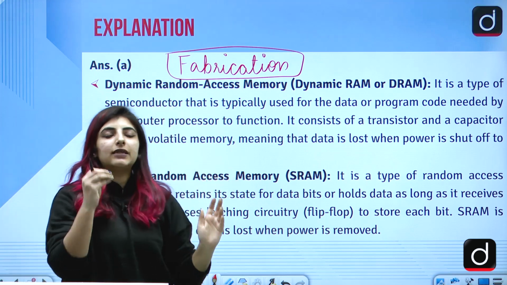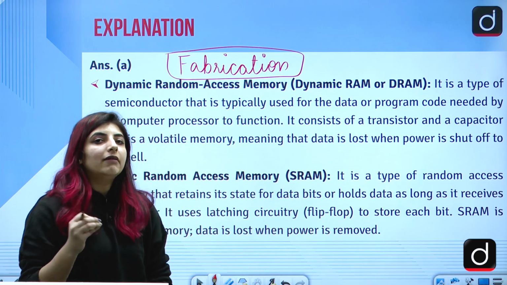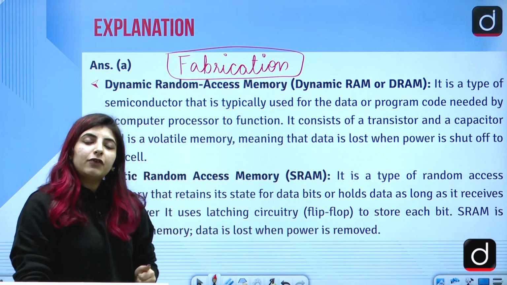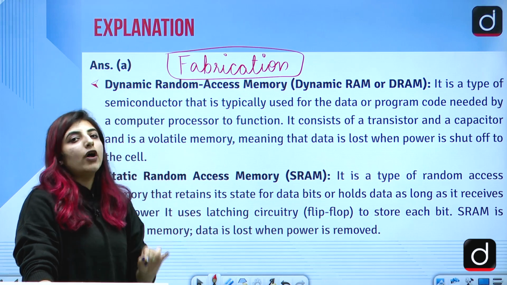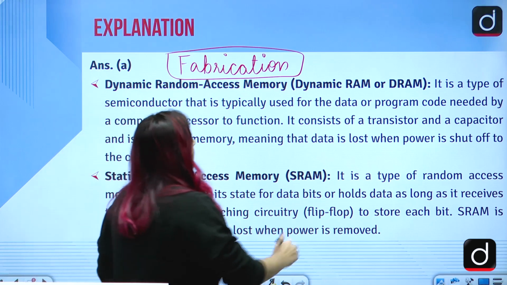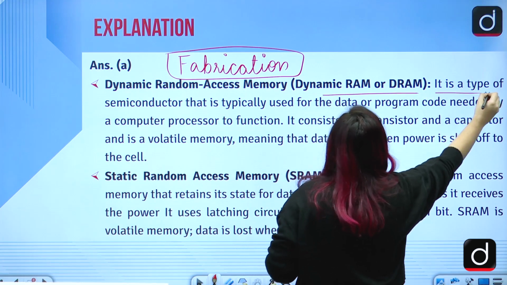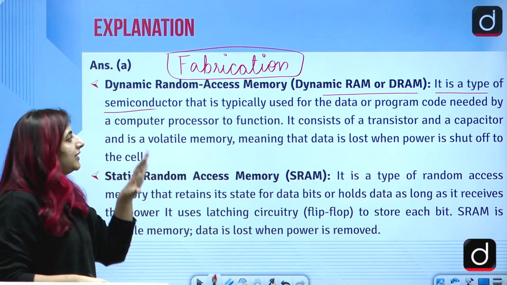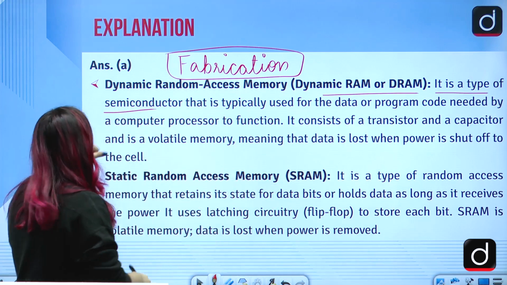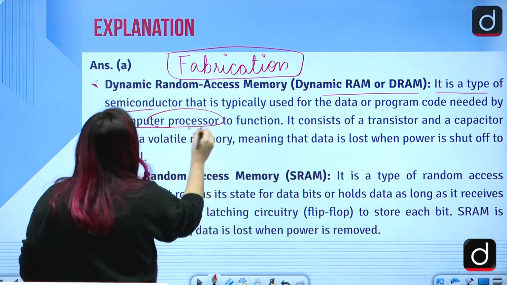It is first of all a subpart of RAM, which is random access memory. So a quick question for you all, let me know whether RAM is volatile or non-volatile. Correct? So DRAM basically is a type of semiconductor that is typically used for the data or program code which is needed by a computer processor to function.